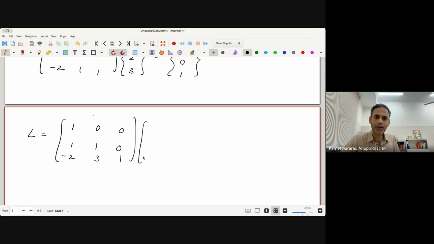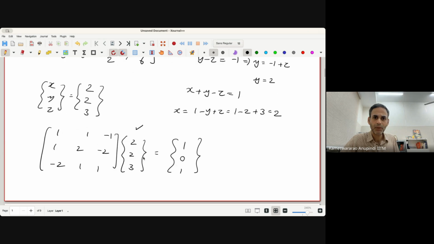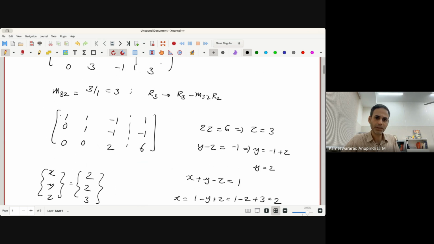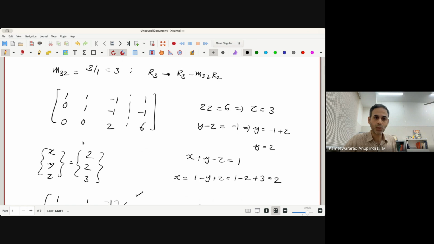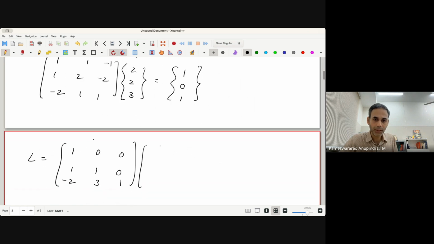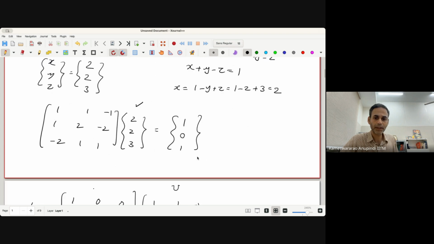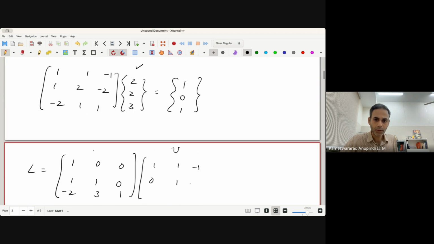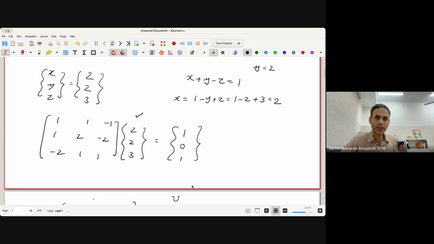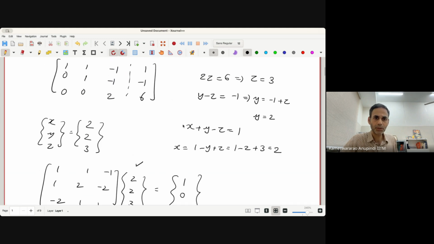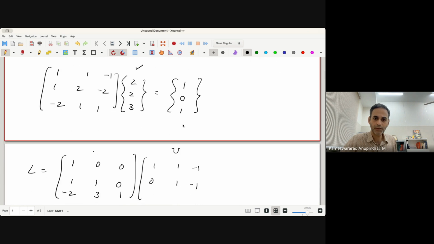And then my upper triangular matrix is basically whatever I have found here. This is the upper triangular matrix, which is 1, 1, minus 1, right? So my U is 1, 1, minus 1, same as before. Then the second row is 0, 1, minus 1. And then the third row is 0, 0, 2. Okay, that is what we have.